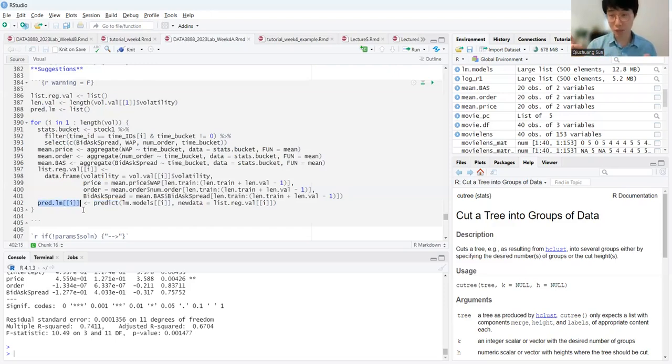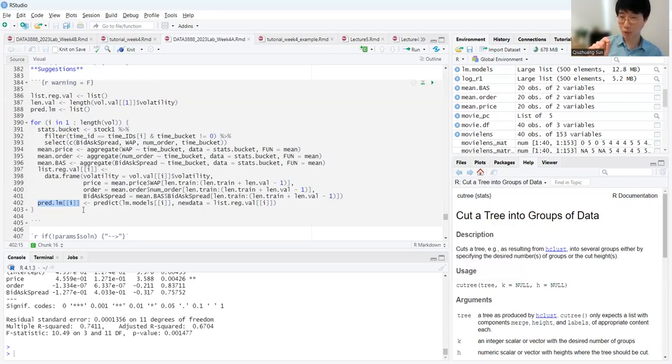Remember, we have 500 time IDs, and for each time ID, we will have 4 predictions. Why? Because we have 20 realized volatilities. We divided the 600 seconds into different non-overlapping 30-second intervals, so the number of 30-second intervals is 20.